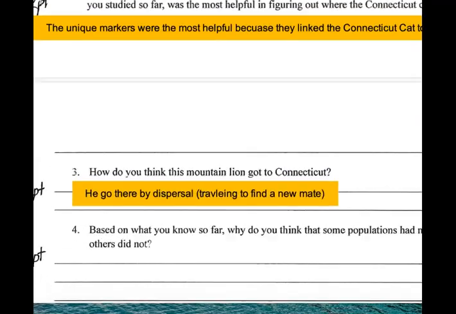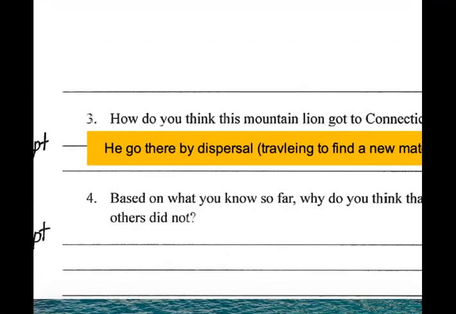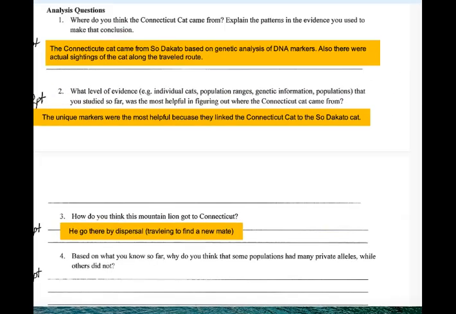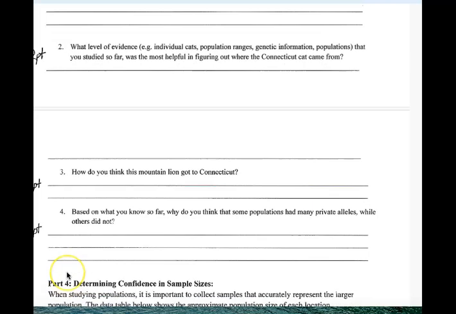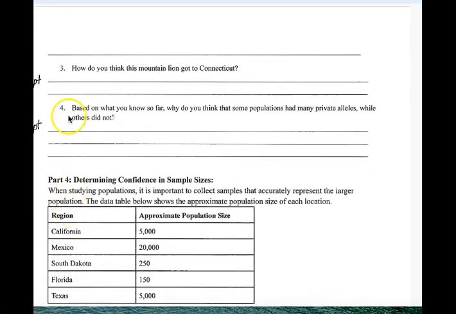So this isn't probably something that you would know yet, but it has to do with small group size, isolation.